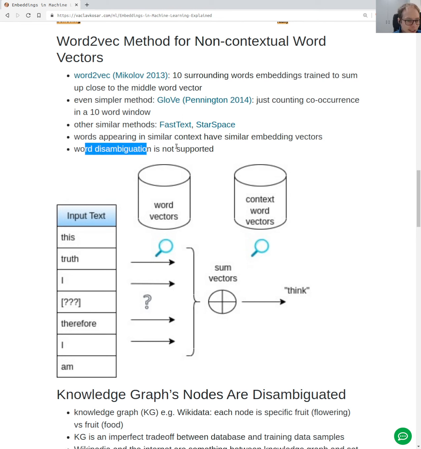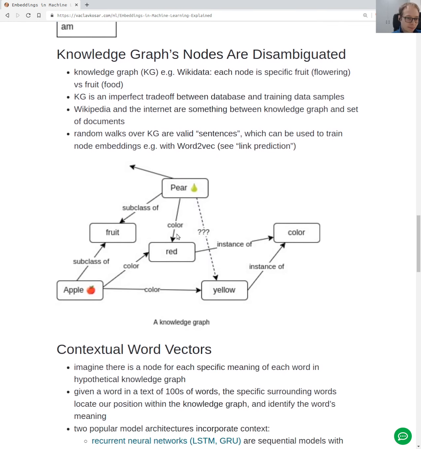The problem with this approach is that there is no word disambiguation. We don't care what the different meanings of the word are. If the word has multiple meanings, we can't deal with that.